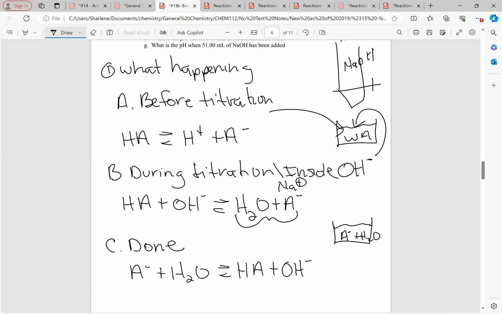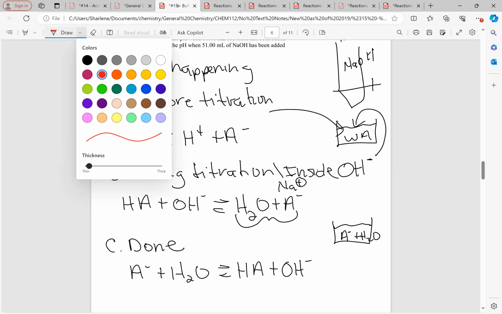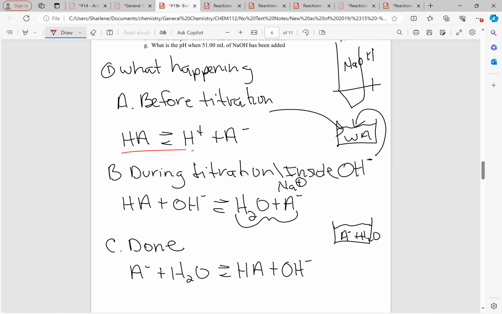Okay, so there are 3 equations that we were always going to use, and we're going to use them over and over. 1, 2, and 3. And if you'll notice, these 2 are always related together. One of them will always be the weak acid equation, and one of them will always be the weak base equation.